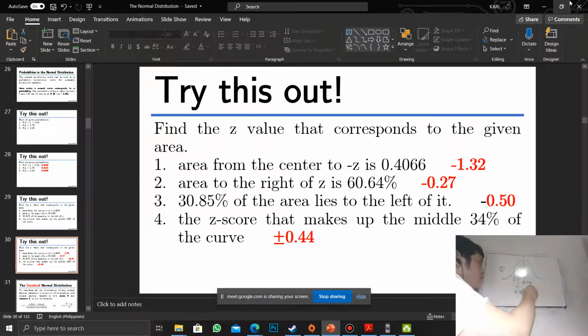Kailangan nating gawin is to get the z value corresponding to this area. Ano yan? Pag dinivide, kung isipin nyo, yung half ng curve is 0.5 lang yung area, no? So, yung natitira dito is this, which is equal to 0.0934.